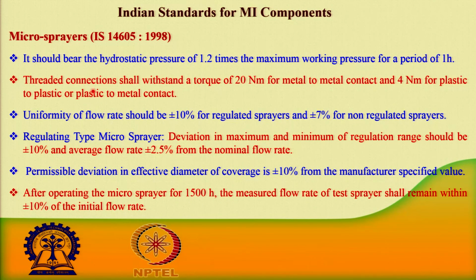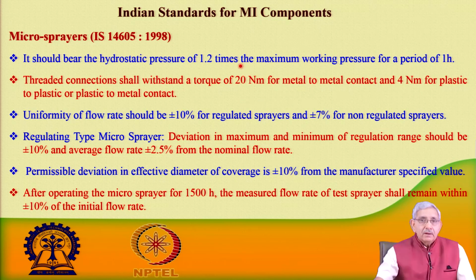Micro sprayers are another device used in the drip irrigation system, micro irrigation system. So, it should bear the hydraulic pressure 1.2 times the maximum working pressure for a period of 1 hour. Threaded connections shall withstand torque of 20 Newton meter. This much is the pressure which should be applied.